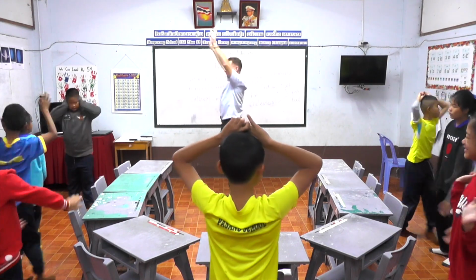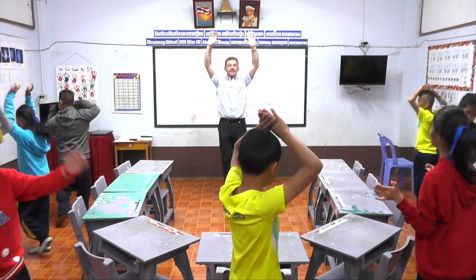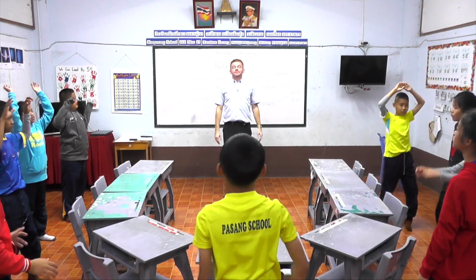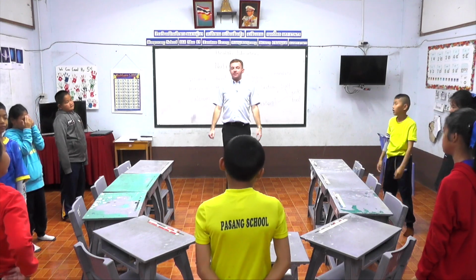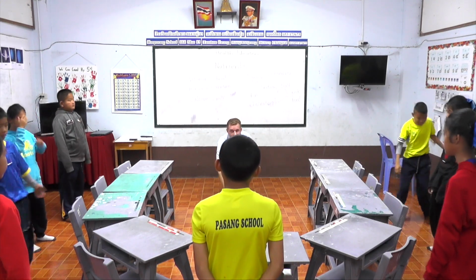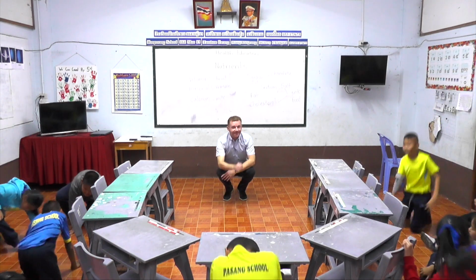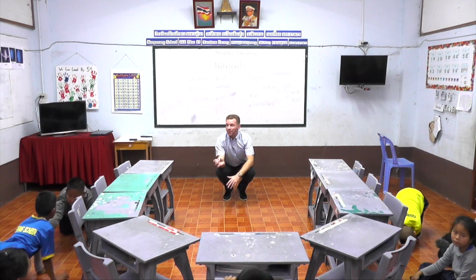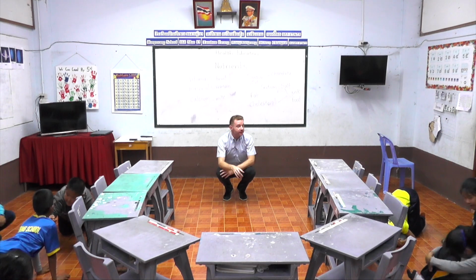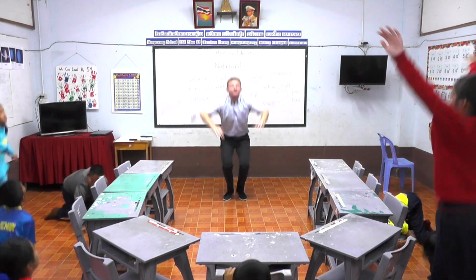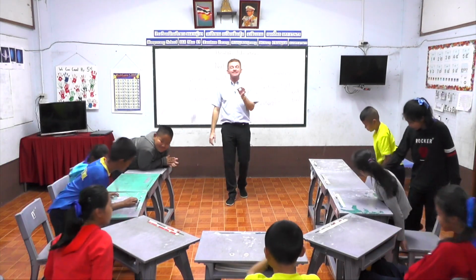Teacher says, back the other way. Teacher says, stop. Teacher says, arms by your sides. Down into a ball. Teacher says, down into a ball. 5, 4, 3, 2, 1. Teacher says, jump. Excellent, guys. Teacher says, please sit down.